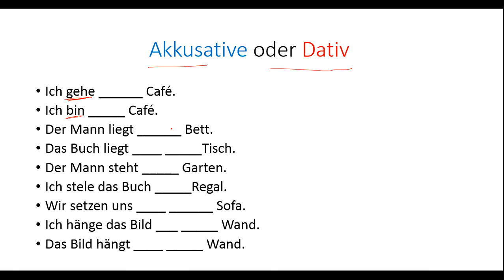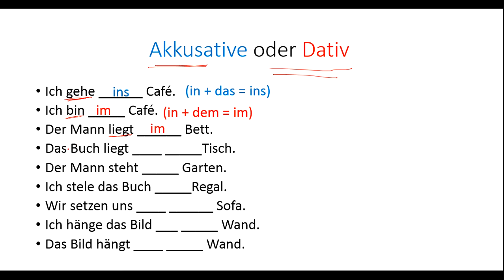Now we check with examples whether it is accusative or dative case. Ich gehe ins Café. Gehen is an accusative verb, then ich gehe ins Café, because in plus das is ins. Ich bin im Café. Sein verb is dative, then im Café, in plus dem. Der Mann liegt im Bett.